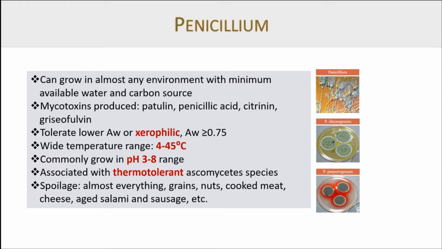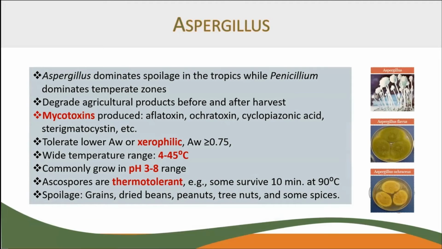So they do cause a lot of spoilage. If you notice bright green colonies, whether on a bagel, or bread, or even an orange, most likely it's Penicillium, occasionally Aspergillus, but Penicillium is more common.